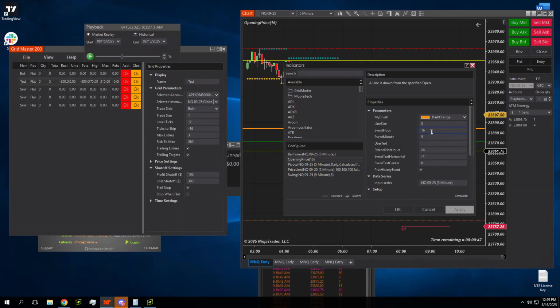Oh, okay. So how does that work for the next day, do you have to go back and put it in? No, automatically it'll put it there every day. You put the extended plot hours as 24, so it'll put it in there for 24 hours, and every day it'll do the same. So at 16:05, every 24 hours, it's going to mark off 16:05.